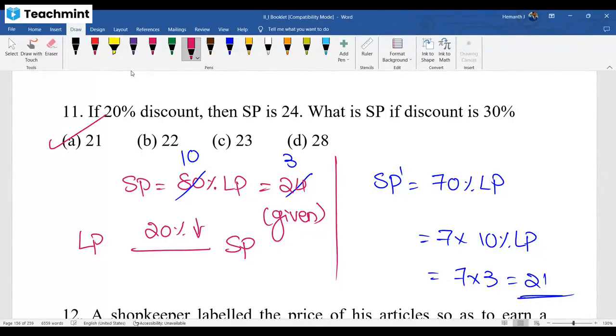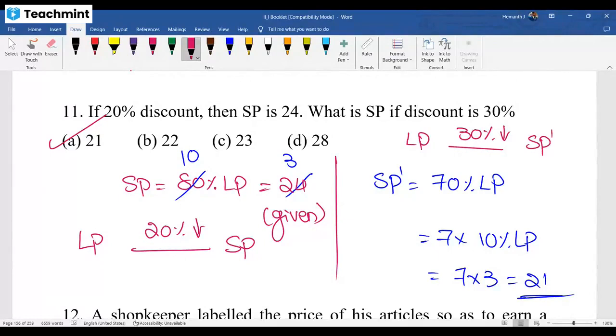If you are absent also, we are sharing the recorded video in your group. Kindly complete that video. If you are absent, ask your friends what topic was done in the previous session. Okay, understand, learn from that. Continuation is required. If you're absent, please go through the video which is shared. Here, why 70%? Because the second time they are giving 30% discount.